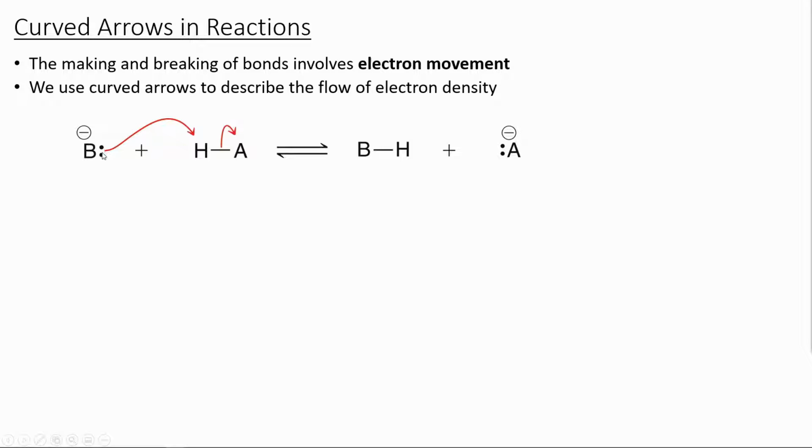So we can show the electrons from the base forming a new bond with the proton, and we can see the electrons from the bond between the proton and the acid breaking and moving towards the acid. So this is going to be two curved arrows to represent a bond being formed and a bond being broken.